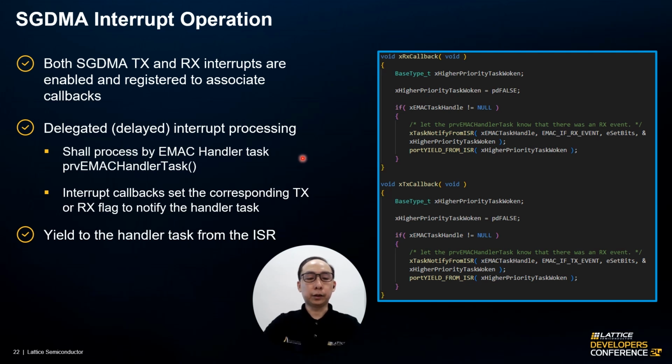The actual processing of the interrupt shall be handled by the EMAC handler task that was created in the FreeRTOS kernel. The interrupt callbacks in this case shall only set the corresponding TX or RX flag to notify the handler task at a later stage. Once that is done, the callback will yield to the handler task from the interrupt service routine.